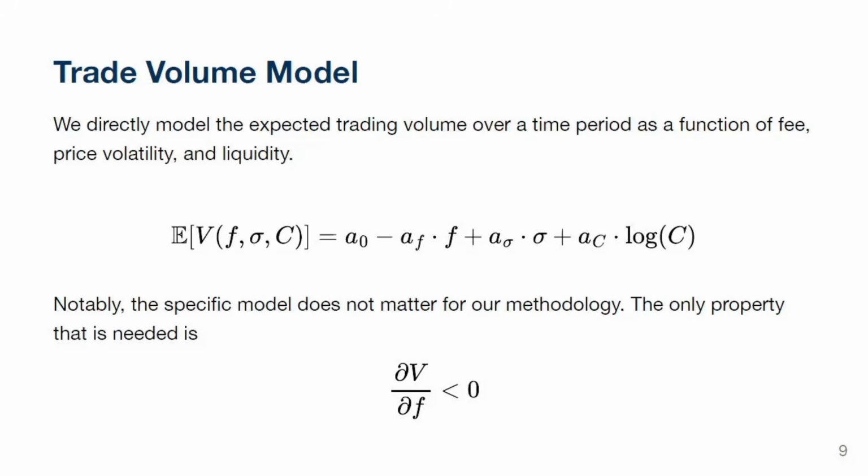But notably, the idea is that this model can be generic. It doesn't have to follow this exact structure. And really the only thing that needs to hold, and you can find the proof for this in our paper, is that the change of volume with respect to change in fee must be negative. If fees increase, then volume should decrease. And this is really the only constraint we need for our model for noise volume or trade volume.